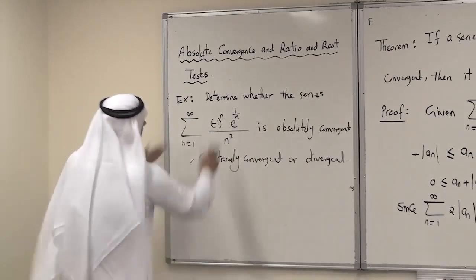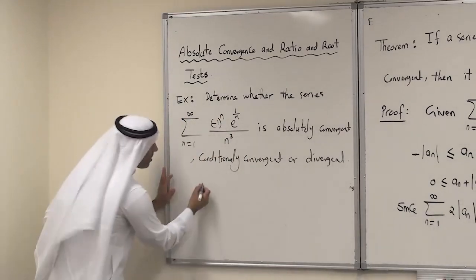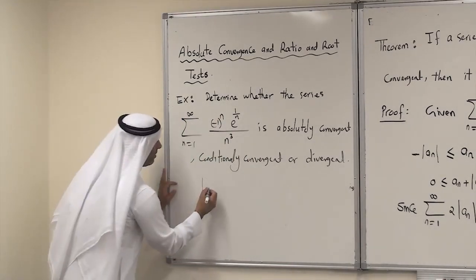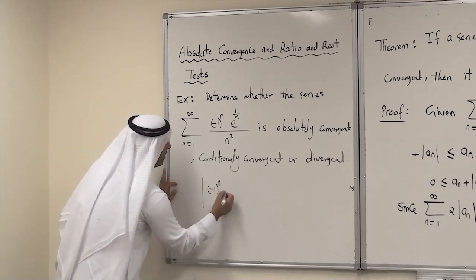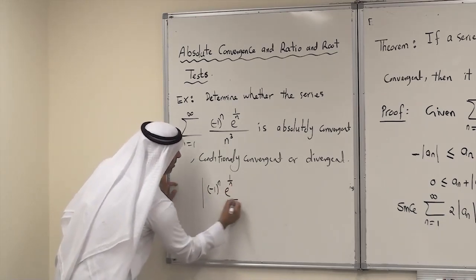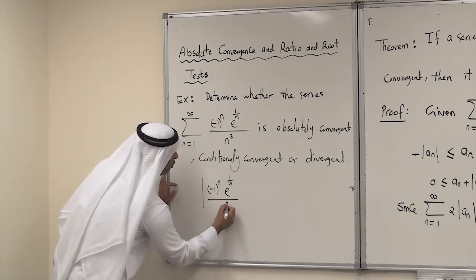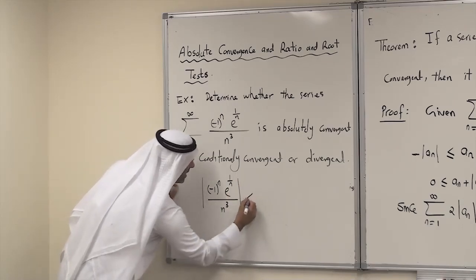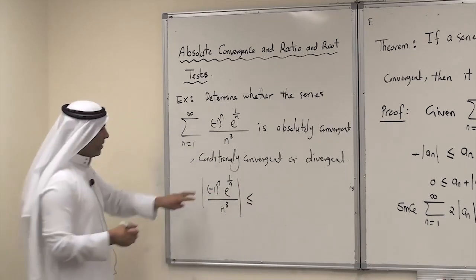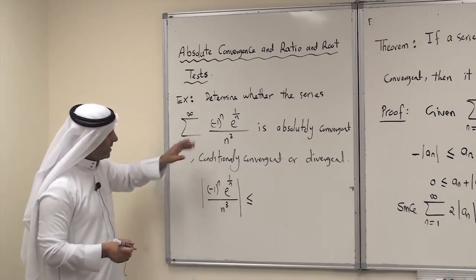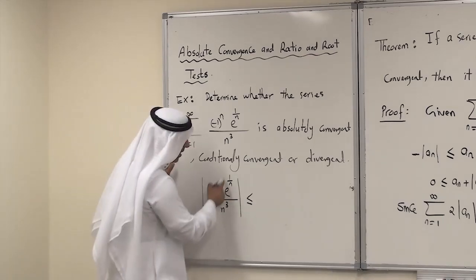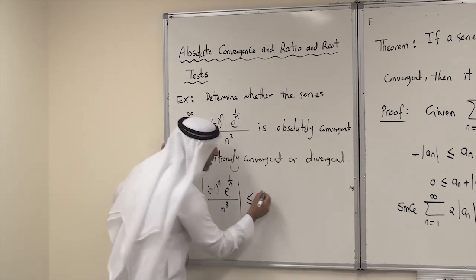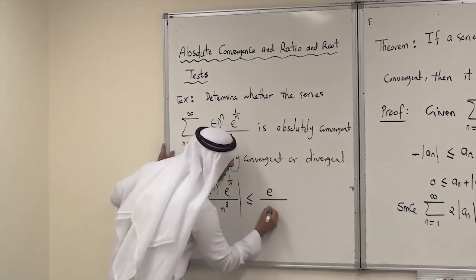So, let us take the absolute value here. The absolute value of (minus 1) to the n, e to the power 1 over n, all over n cubed. This is less than or equal to what? Of course, when you take the absolute value, the minus sign will disappear and we have e to the power 1 over n, over n cubed. And you can show that this is less than or equal to e over n cubed.